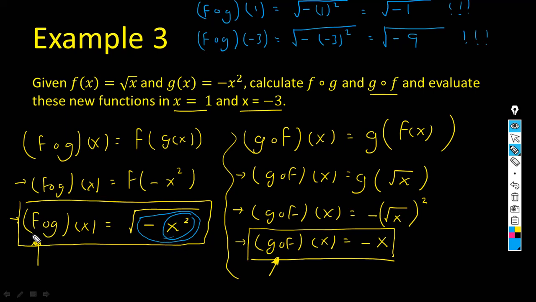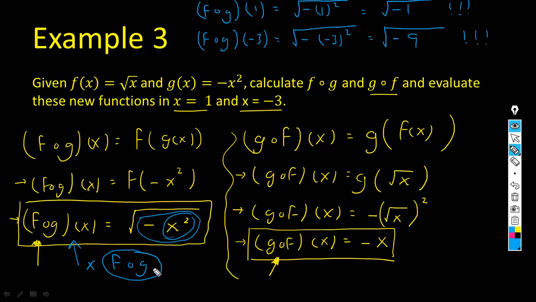So this function, and please listen carefully, this function f of g cannot be evaluated in any number. Basically, this function doesn't exist. I cannot compose f circle g. It's not capable of being evaluated in any number.